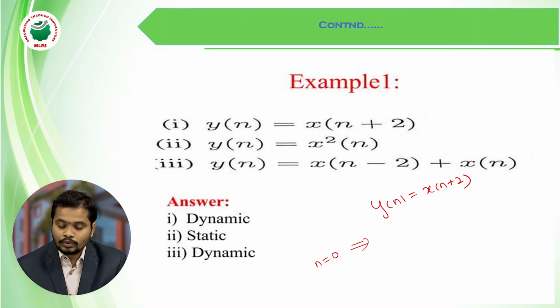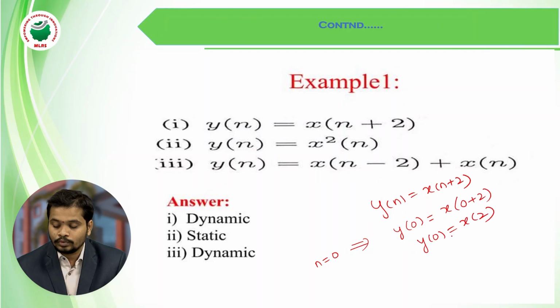If you keep n equals 0, y of 0 equals x of 0 plus 2, that is y of 0 equals x of 2. Y of 0 is the present output, at time interval 0.